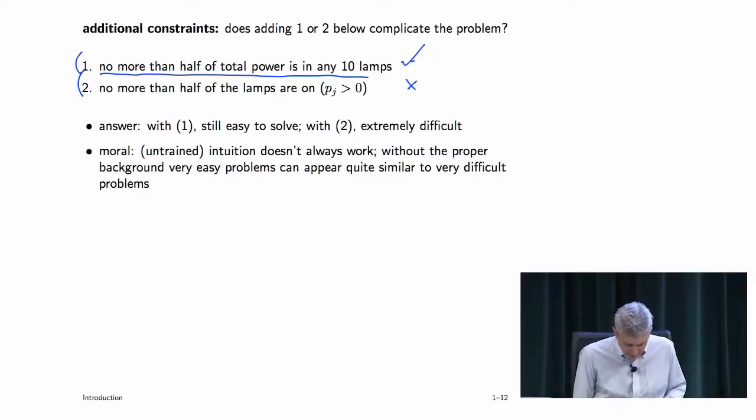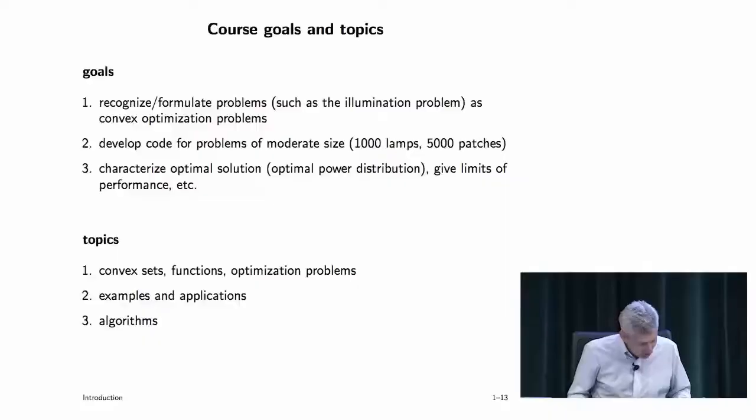So, okay. That's actually one of the things we'll see in this class as we move forward. There'll be lots of examples of this kind of stuff. So let me say a little bit about what the course is about. So the goals are basically to get you all up to speed in recognizing these problems, right?